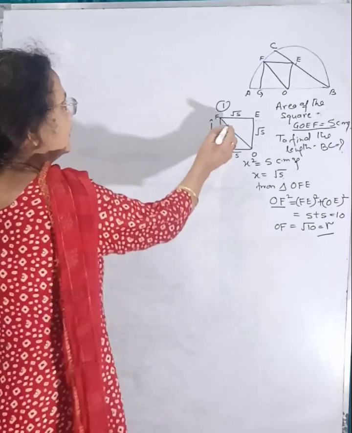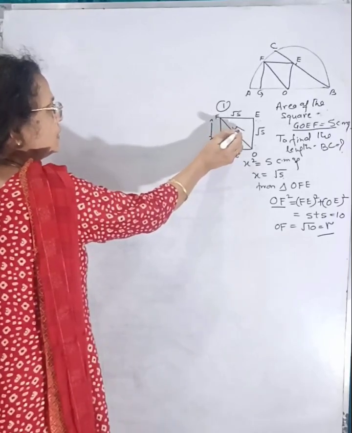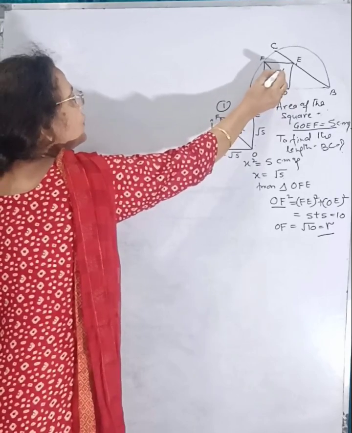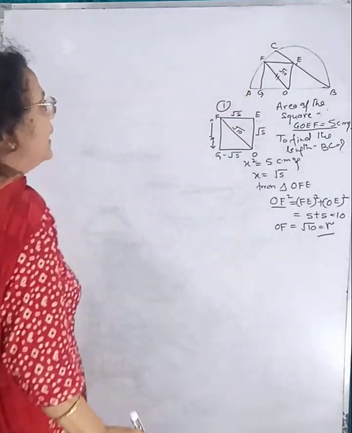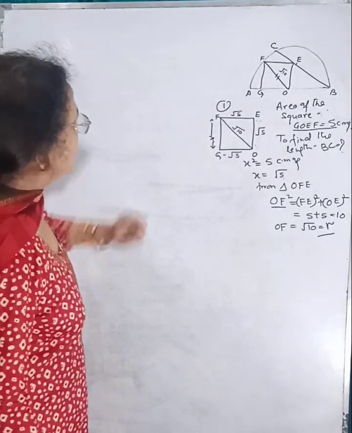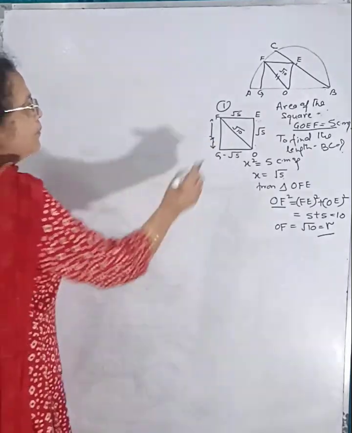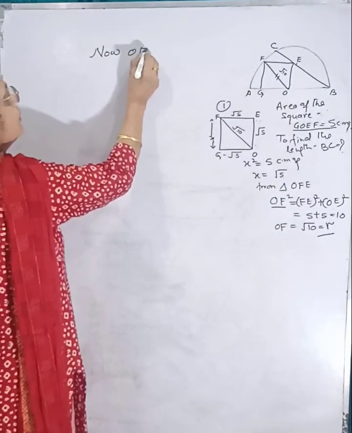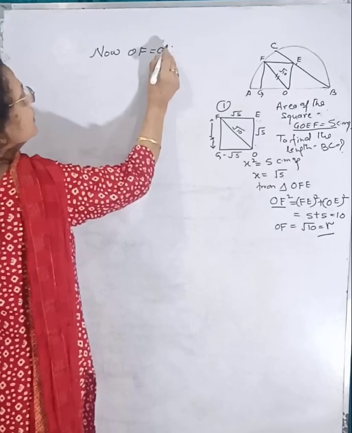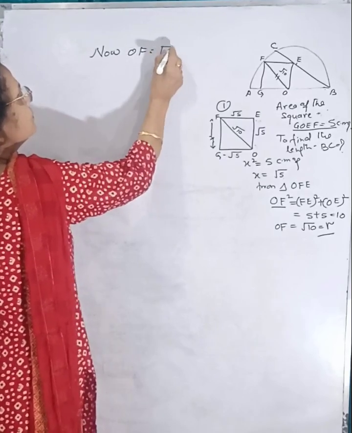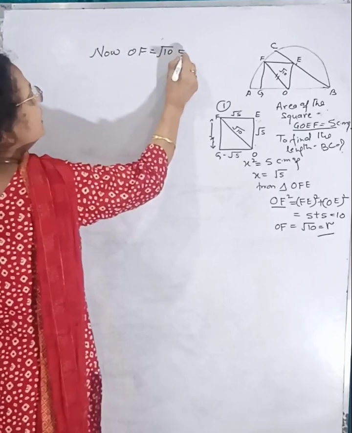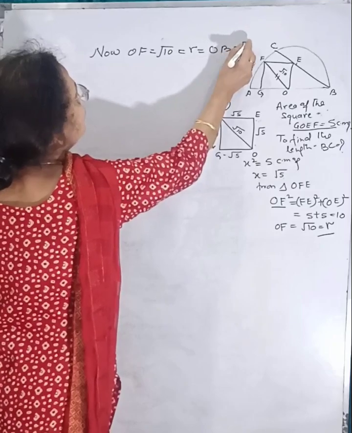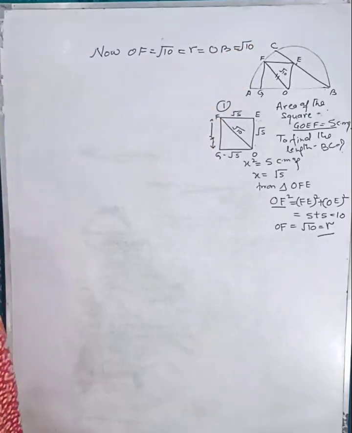This is the radius R, root of 10. Clear?